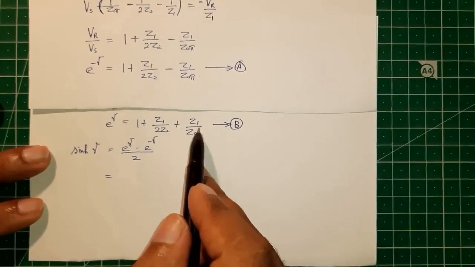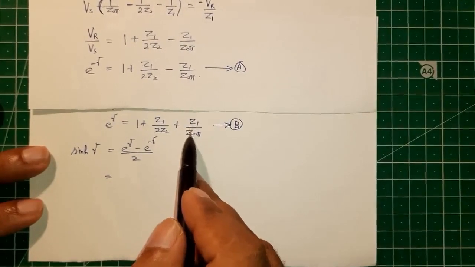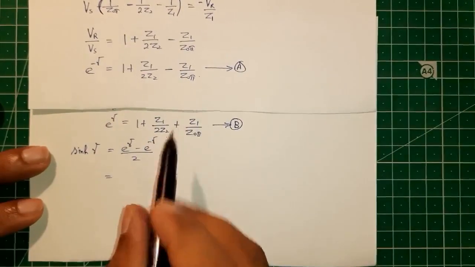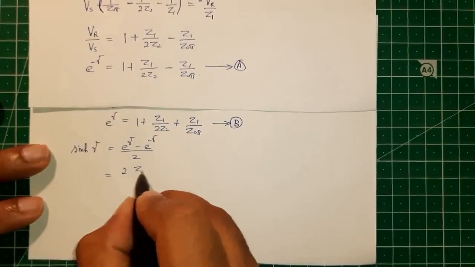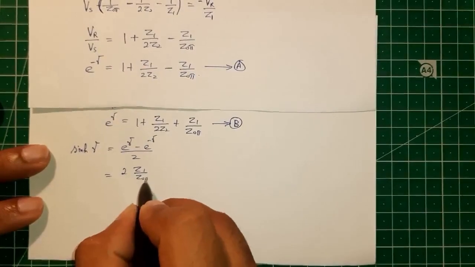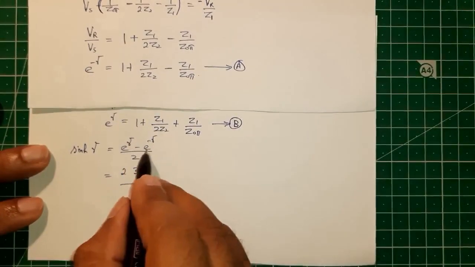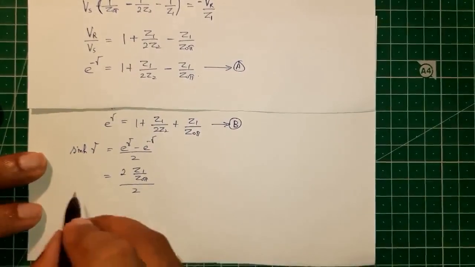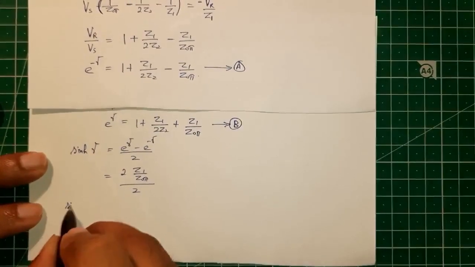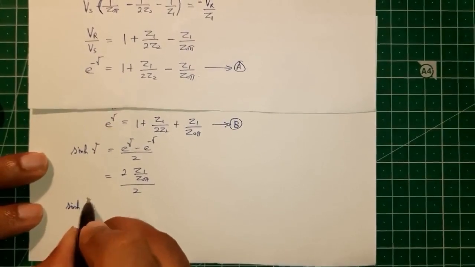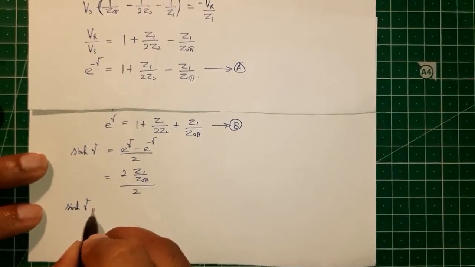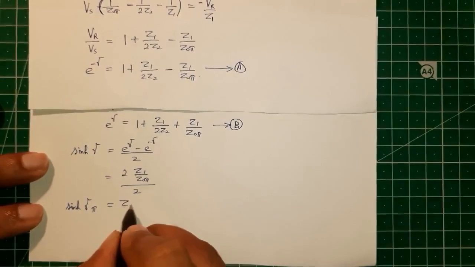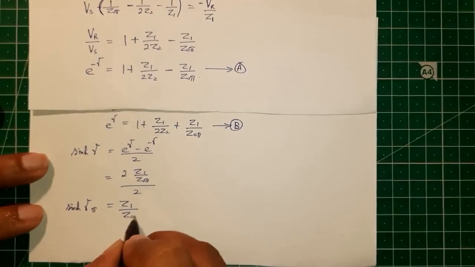And this will be remaining Z1 by Z0 pi minus of minus Z1 by Z0 pi. So that will be equal to twice of Z1 by Z0 pi. That is e power gamma minus e power minus gamma divided by 2. So our sinh gamma for a pi network will be Z1 by Z0 pi.